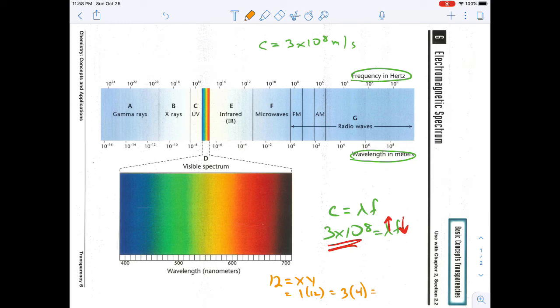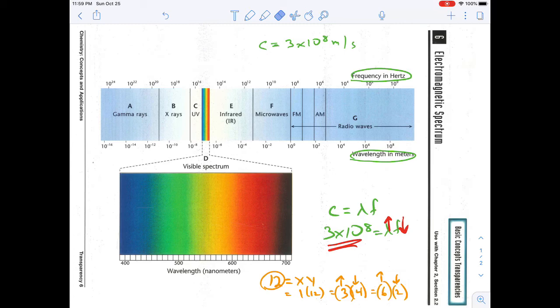What if I said 6 for X? Well, if 6 were X, then Y would have to be 2. So what's happening is, as X goes upward, the Y value has to go downward, so that it will always be 12.